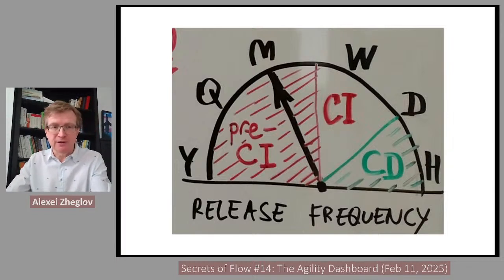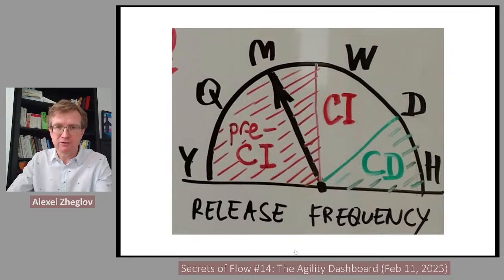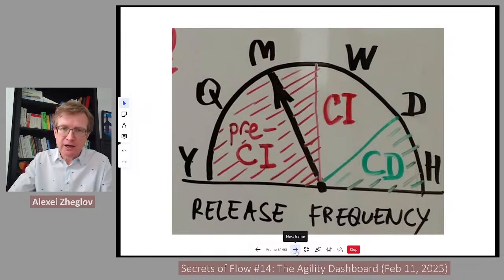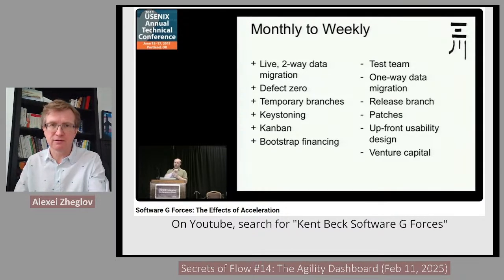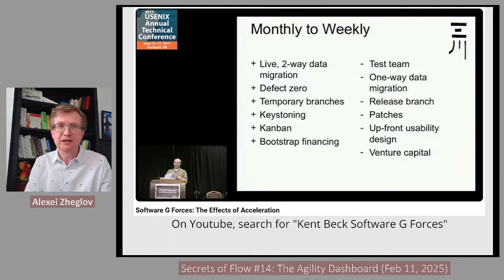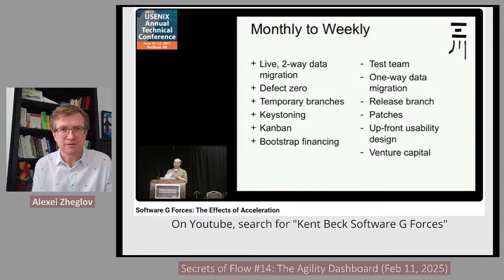Now this scale from yearly to hourly with these particular notches comes from an interesting source. It's Kent Beck, pioneer of extreme programming, speaking about important trends in software engineering, particularly how release frequency, deployment frequency, is increasing, becoming faster across the industry over the years.